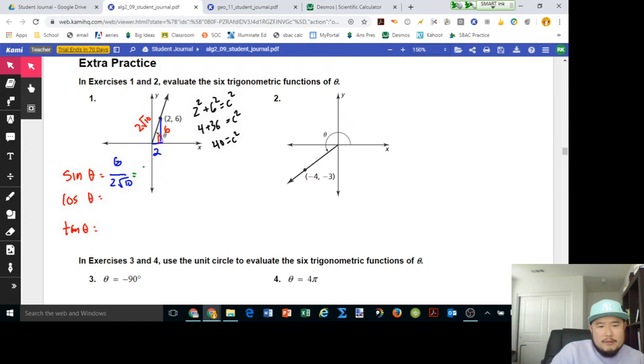So I'll simplify this to 3 over rad 10. Then, to get rid of the radical in the denominator, we rationalize by multiplying top and bottom by rad 10. That gives us 3 rad 10 over 10. There's our sine.